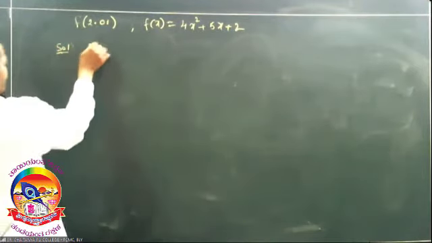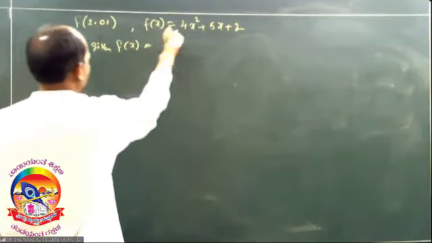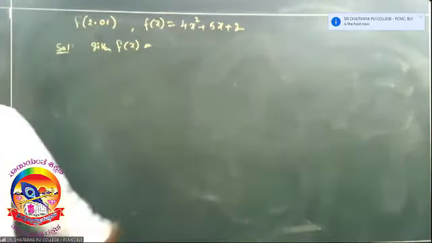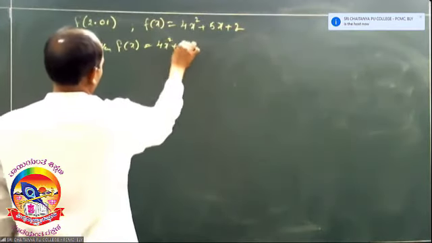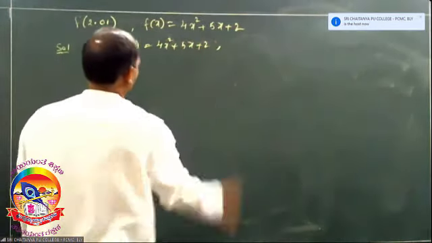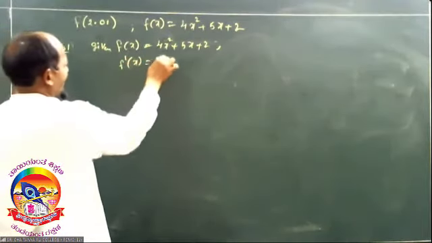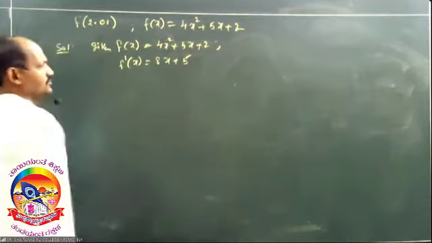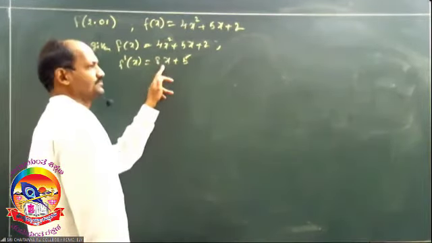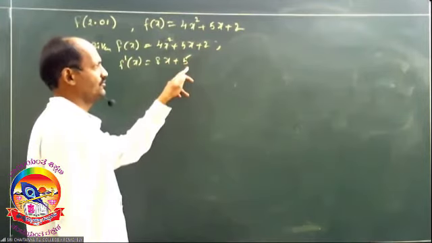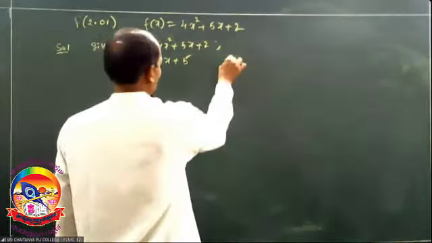First, given the function f(x) = 4x² + 5x + 2, what about its derivative? It is 8x + 5. The derivative of 4x² is 8x, the derivative of 5x is 5, and the derivative of the constant 2 is 0.